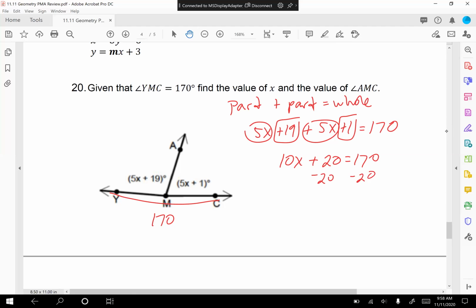Take away 20, so 10x is 150. Divide by 10, so x is 15. But we need angles A and C, so that's this one. Do 5 times 15 plus 1, and you get 76.